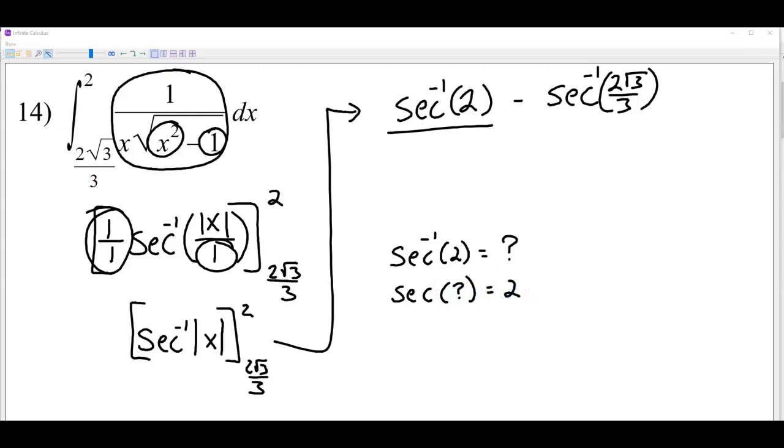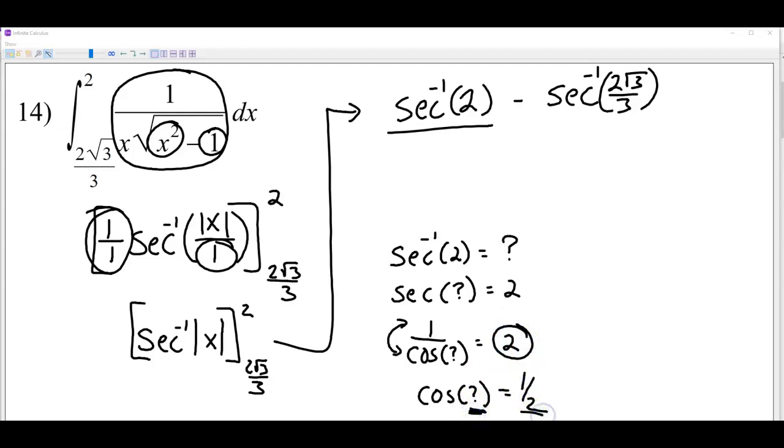Now, secant is the reciprocal of cosine. And then if I just flip this side over, which I'm allowed to do, so long as I flip this side over, we're good. So I'm looking for what angle would give me a cosine value of 1/2.